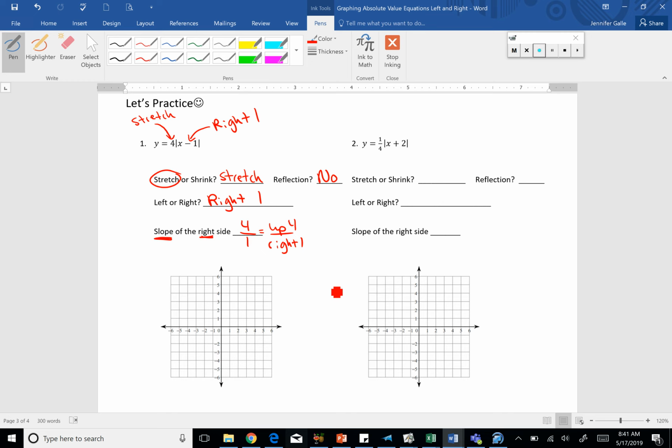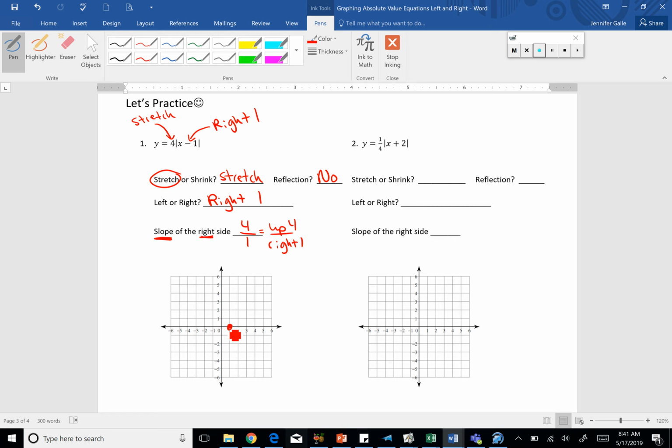All right, so that -1 though, even though it doesn't give us as much information as that 4 does, the -1 is super important because it tells us where that vertex point is. It tells us where to find the middle. And it tells us that the middle is to the right 1.